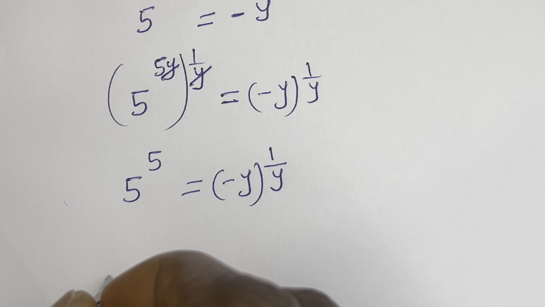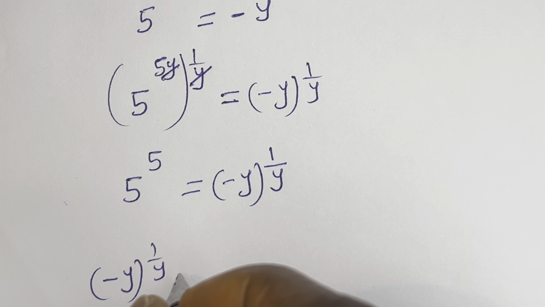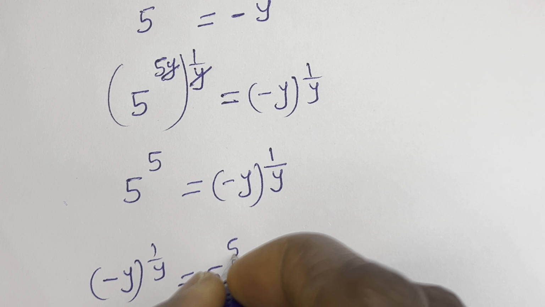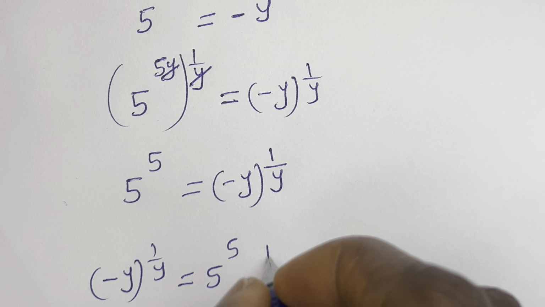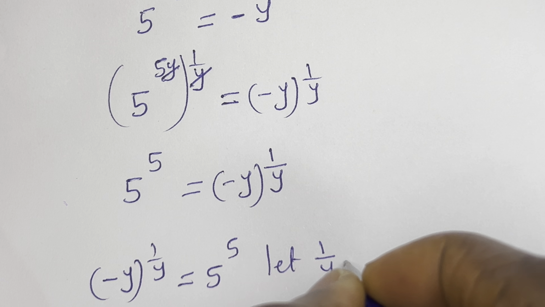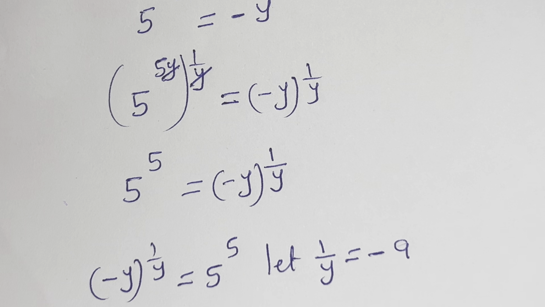Now, if you have minus y to the power of 1 over y is equal to 5 to the power of 5. Now, let 1 over y is equal to minus a.